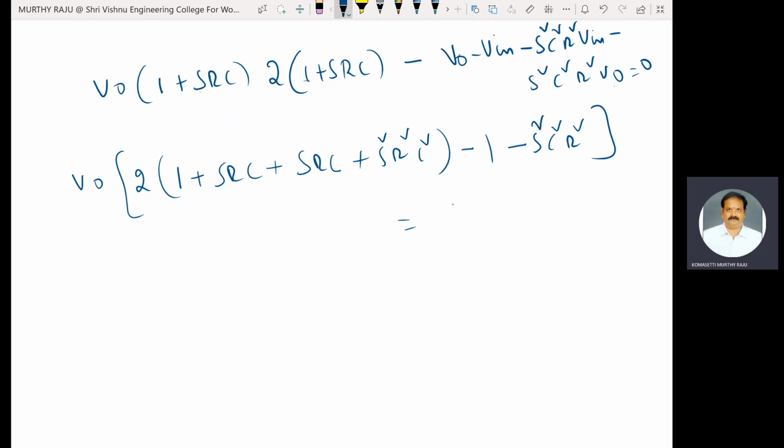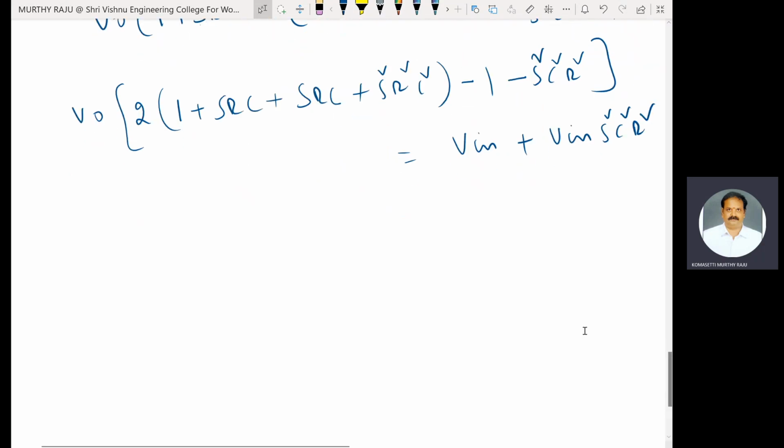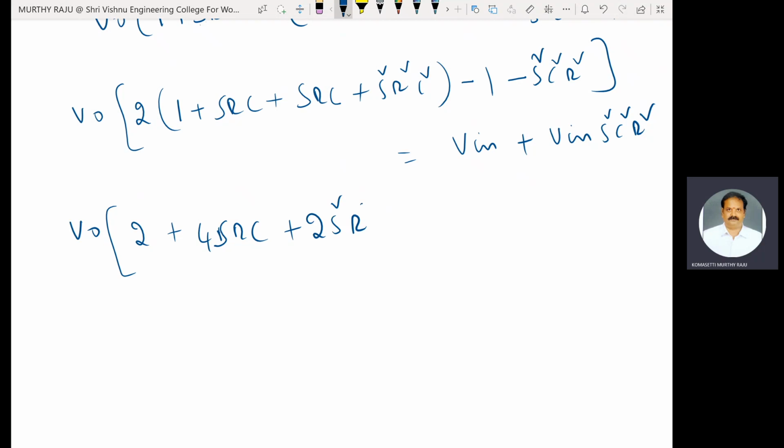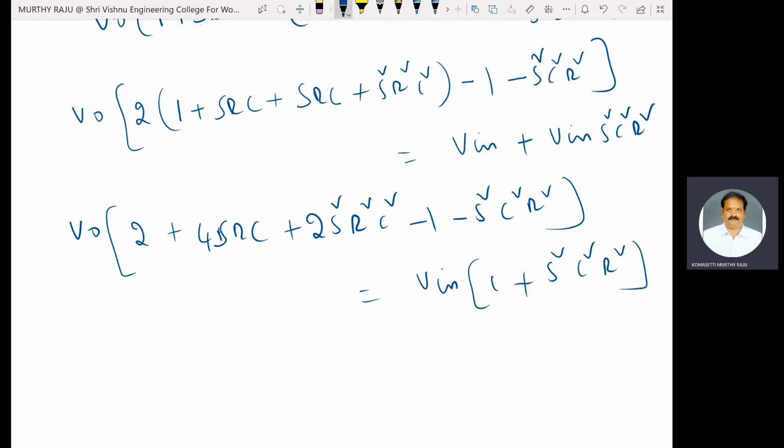Vin is brought out here: another Vin term is plus Vin S square C square R square. V naught into 2 plus 2 SRC plus 2 SRC, that is 4 SRC, plus 2 S square R square C square minus 1 minus S square C square R square is equal to Vin into 1 plus S square C square R square.